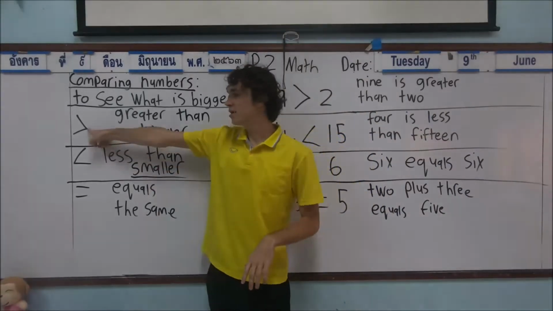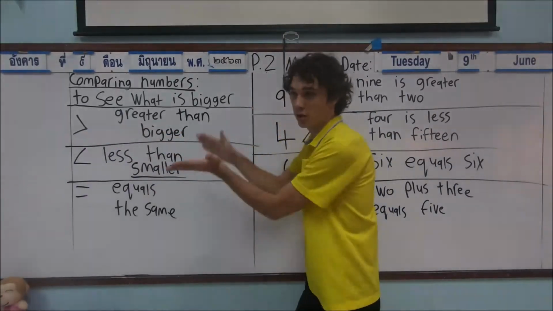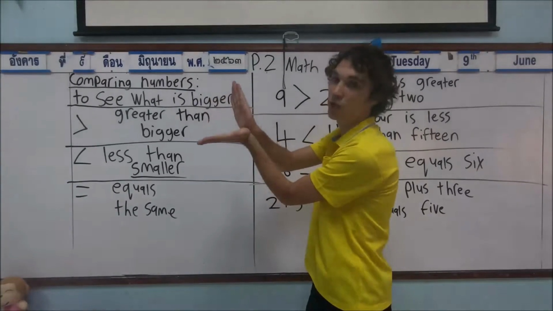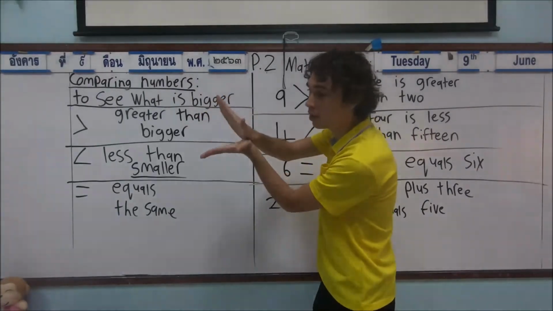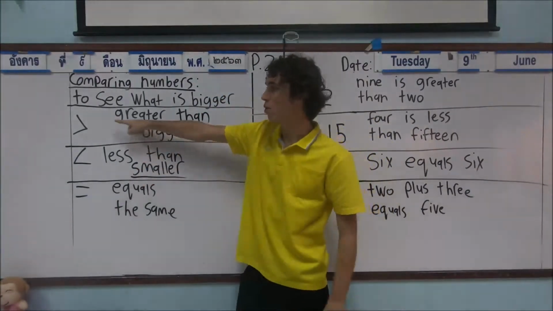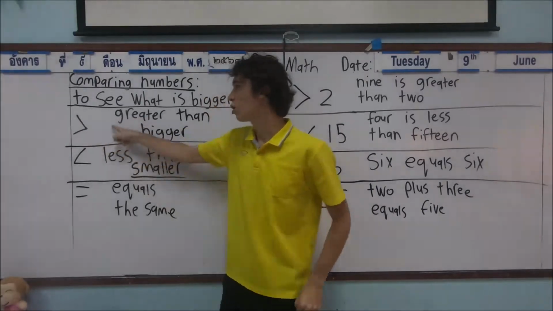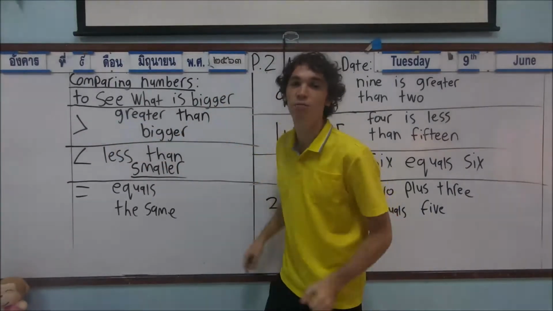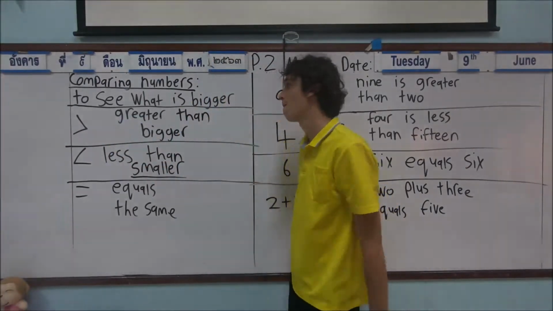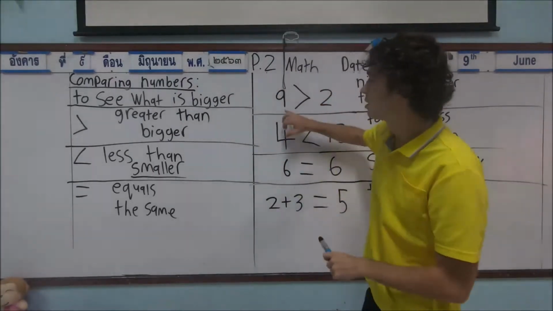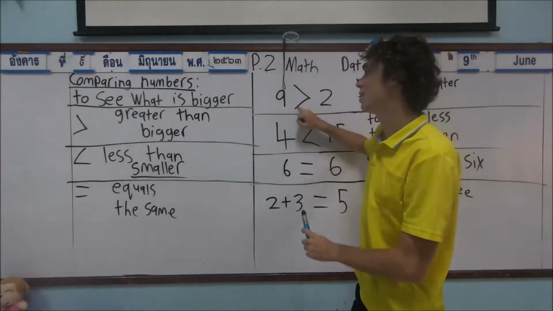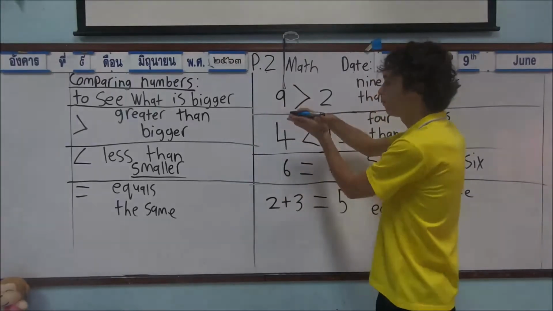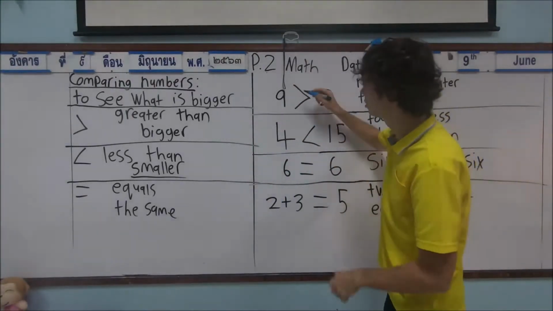We think of this like an alligator. Something wants to eat. He wants to eat the bigger number. So this is greater than. It means bigger. So look here. 9 is greater than 2.